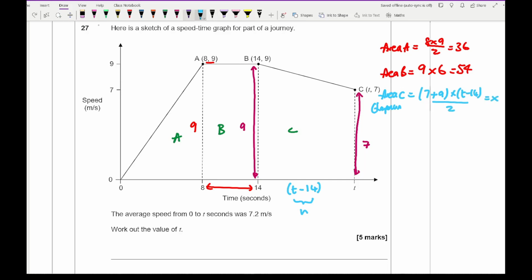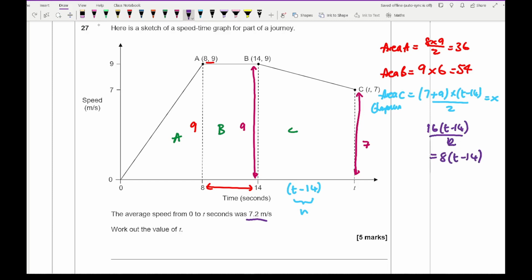Now from this, adding all those areas up, we get the total, and the average speed was 7.2. If I just neaten this up, we've got 7 plus 9, which is 16, times T minus 14 divided by 2, which gives me 8 times T minus 14.